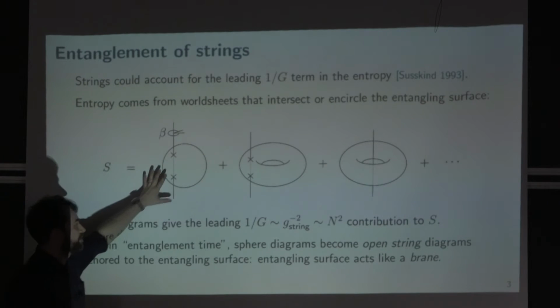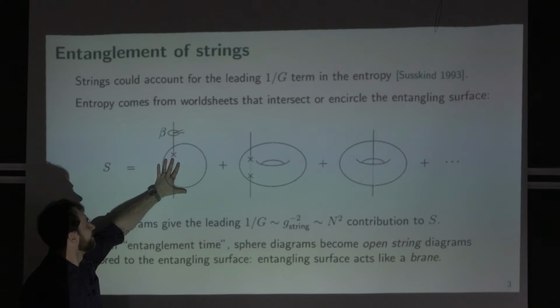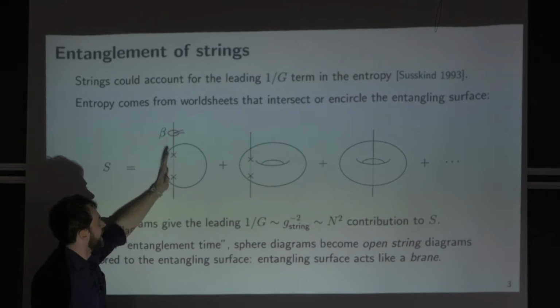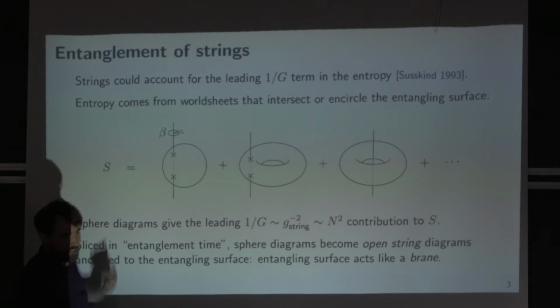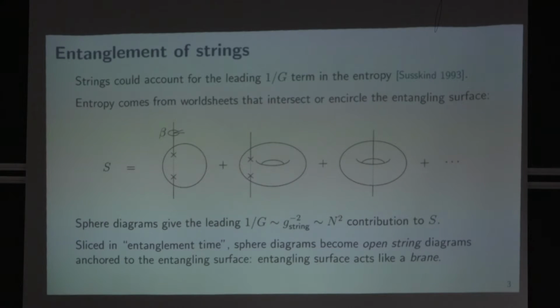So if we want to interpret this as a sort of modular flow, we have to think of this as an open string diagram, anchored to the entangling surface, and in that sense we can think of the entangling surface as a kind of brane. Okay, so that's the picture that Lenny tells us.